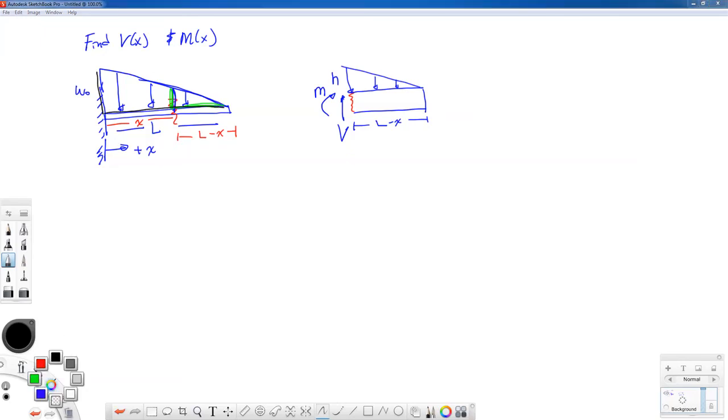Okay, so let's write it down. H to L minus x is equal to W naught to L. So if I want to find out what the height H is, it's equal to W naught over L times the quantity L minus x.